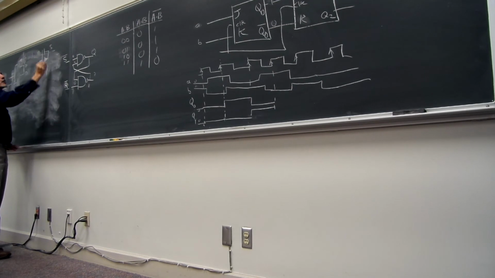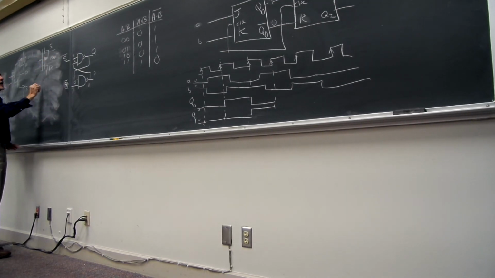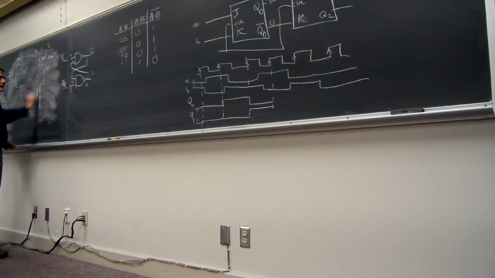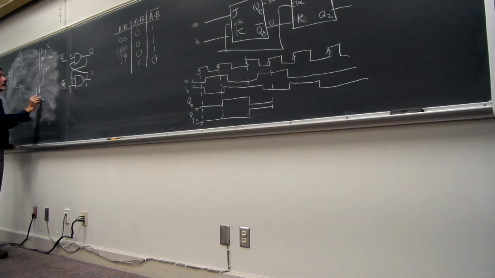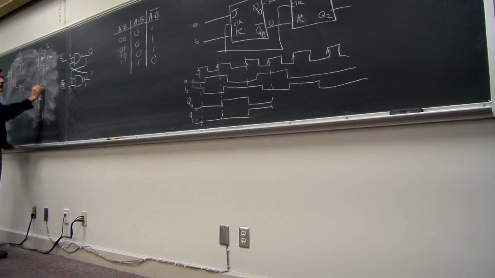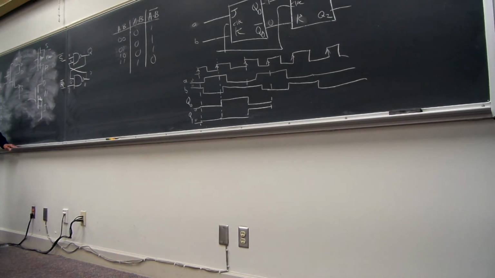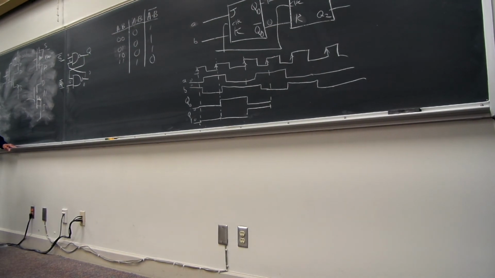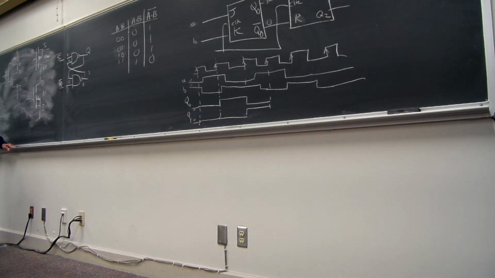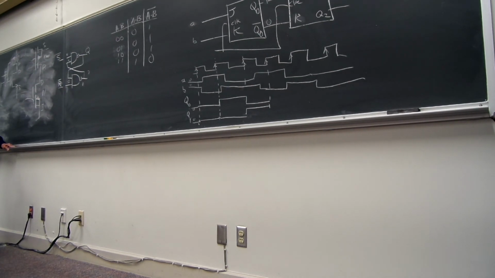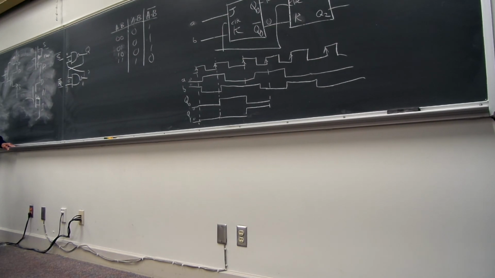But again, source up there, drain down there, again, PMOS, and drain source for the NMOS down there. So you just got to figure out how to make the transcription between the two different settings. Everybody all right with that? So the source is always at the top for the PMOS, the source is always at the bottom for the NMOS.